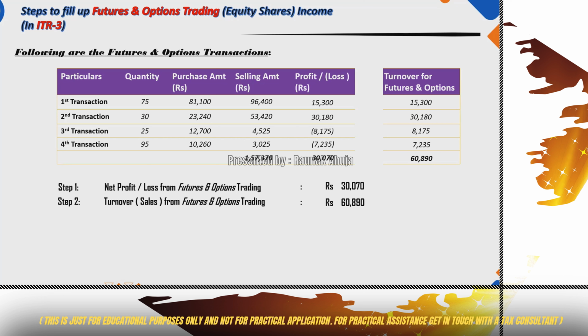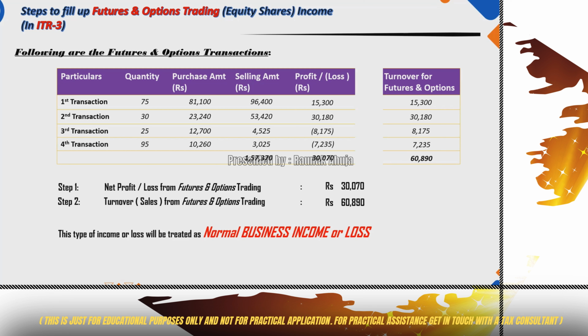Now before we start filling in the details in ITR-3, let's first quickly understand what exactly this futures and options income is. Any income or loss that is earned from the futures and options transactions is always to be treated as a normal business income. Yes, you heard that right. This won't be treated as a capital gains income.